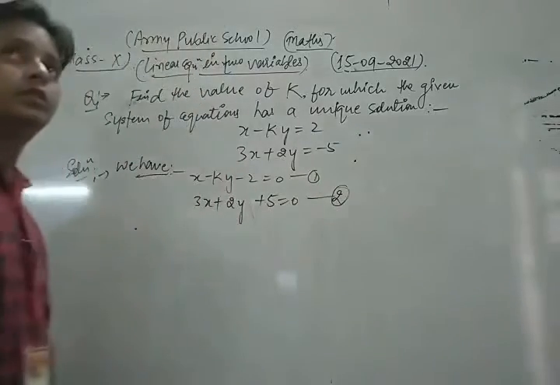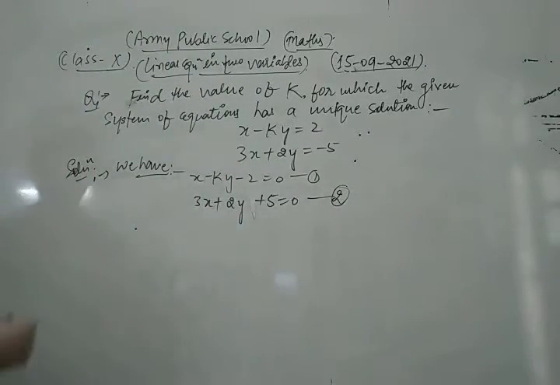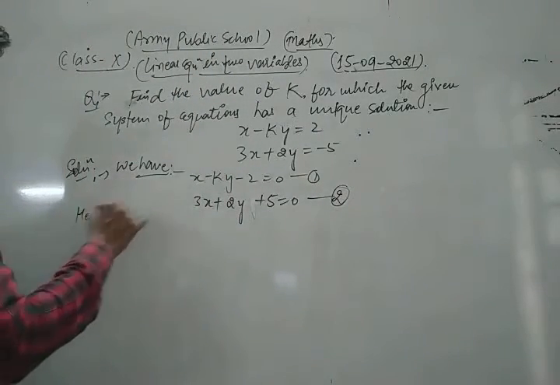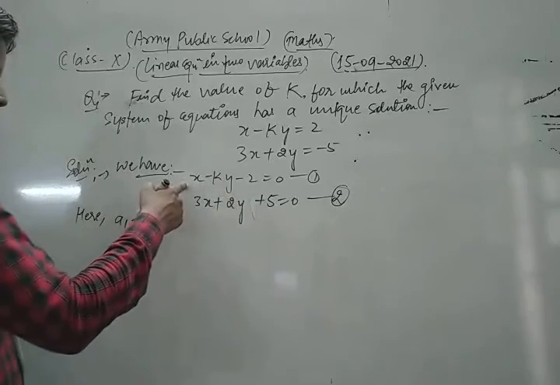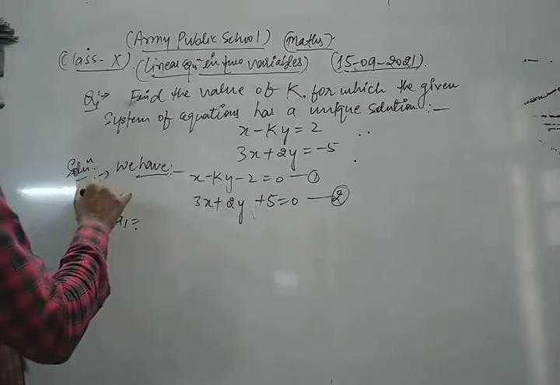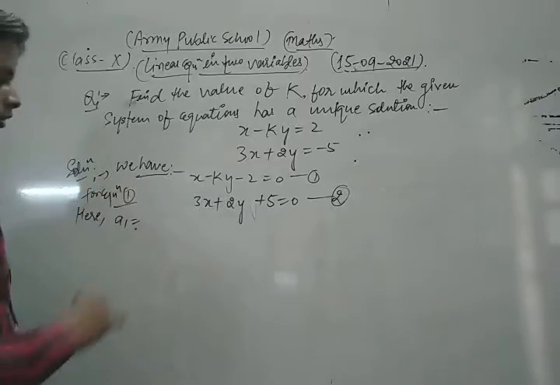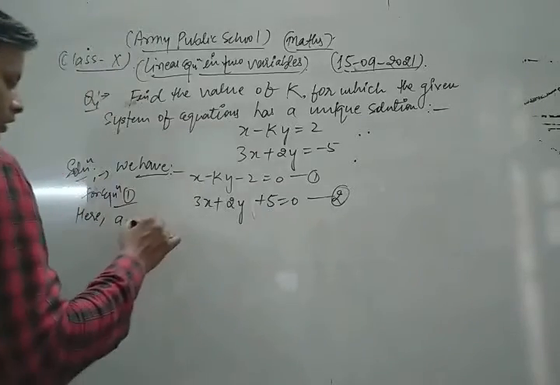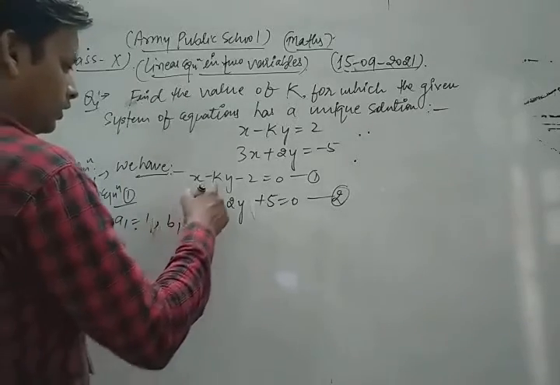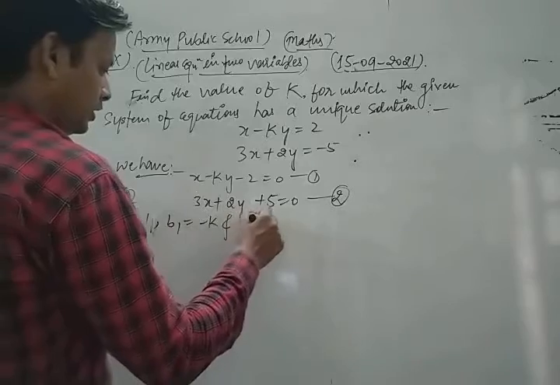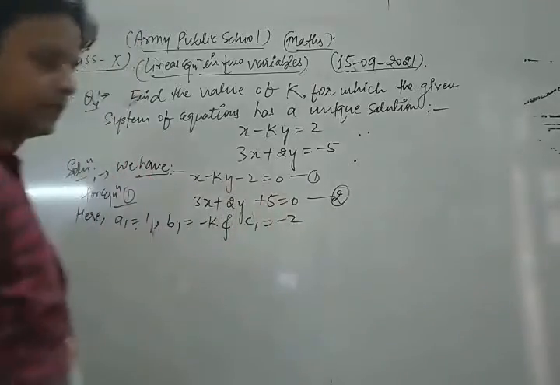Take equation number 2. Now look, here we compare. A1 is the coefficient of x in the first equation. For equation 1, A1 is 1, B1 is minus k, and C1 is minus 2.